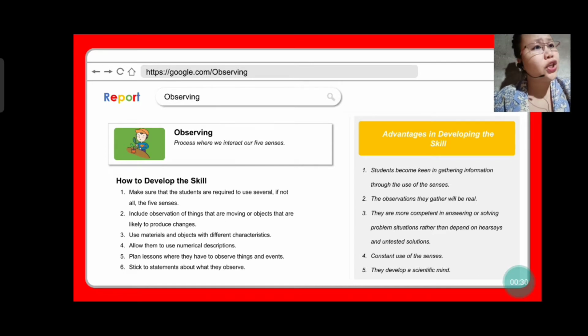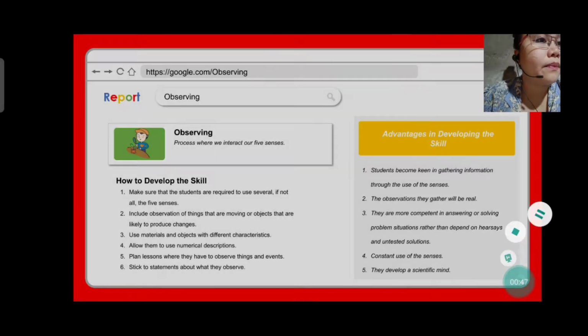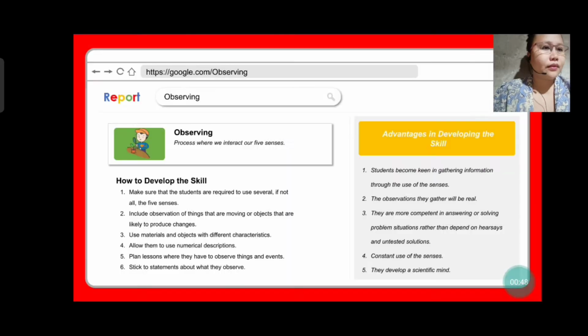The teacher allowed us to describe the leaves, for example, how many leaves are in one stalk. So that's the fourth step of how to develop the skill of observing, which is to allow the students to use numerical descriptions.